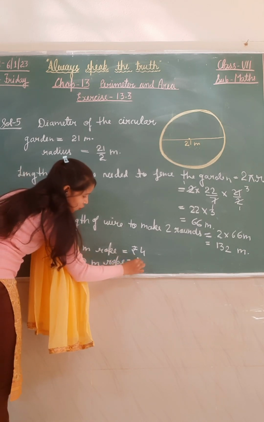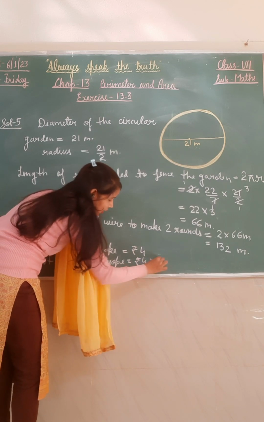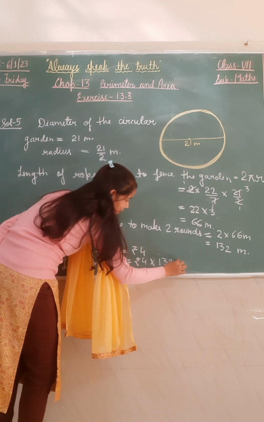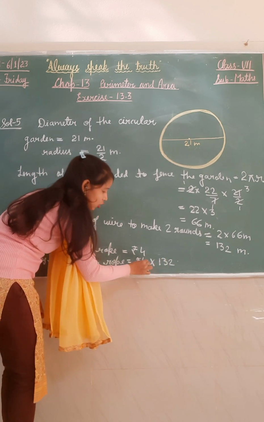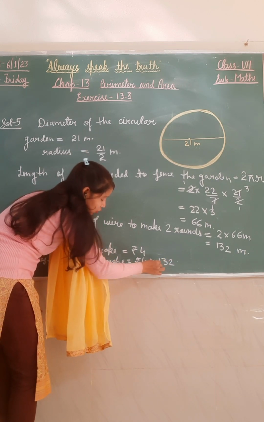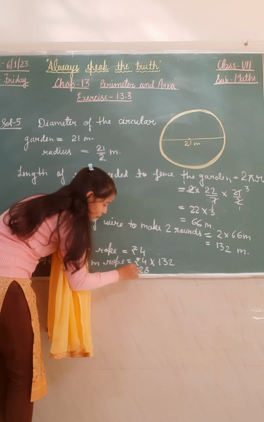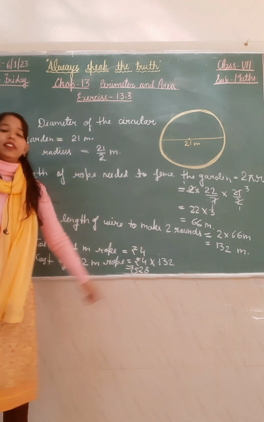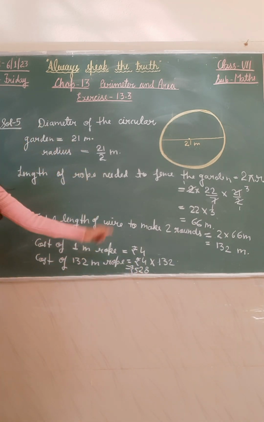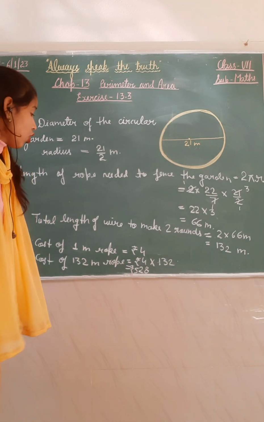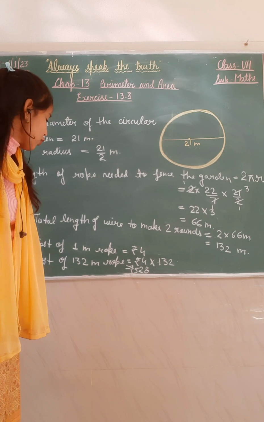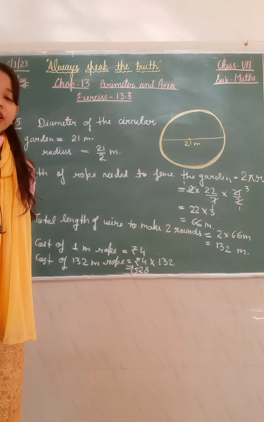It is 4 multiplied by 132. So 4 2s are 8, 4 3s are 12, carry 1, 4 1s are 4 and 1, 5. Rupees 528. So cost of rope will be 528 rupees.